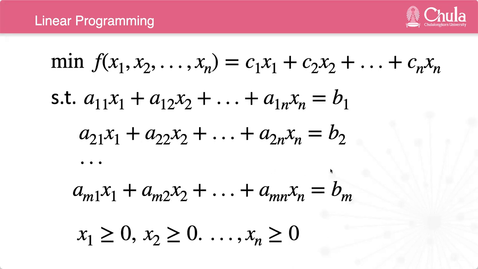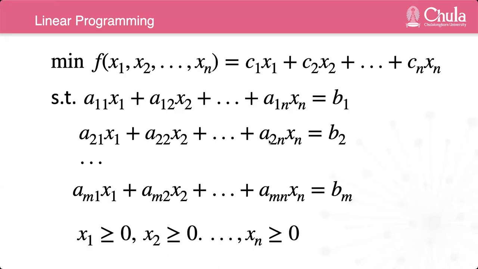And finally, if we have m constraints, the last one can be am1 x1 plus am2 x2 plus until amn xn equal bm. In the standard form we restrict the variables to be non-negative: zero or positive.